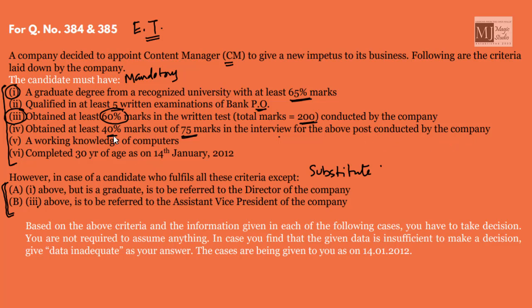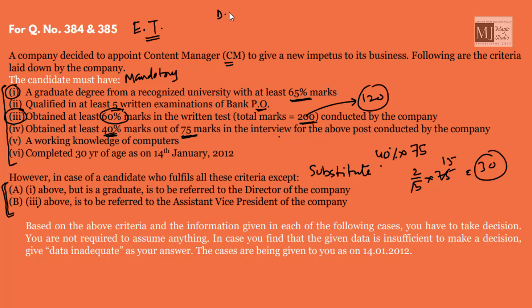So 40% of 75 is how much? 30 marks. So in the interview the minimum marks is 30. In the written test the minimum marks is 60% of 200, that is 120.